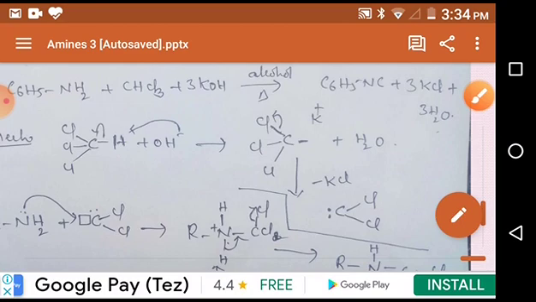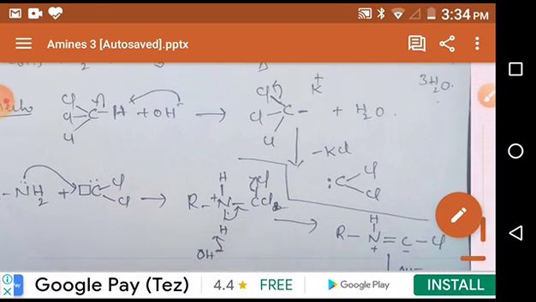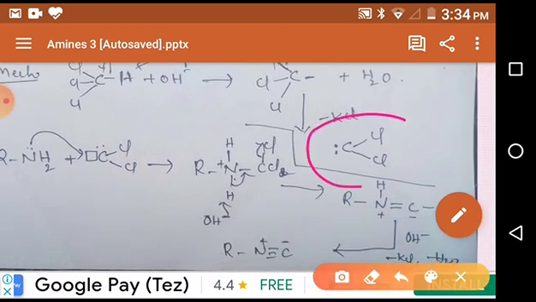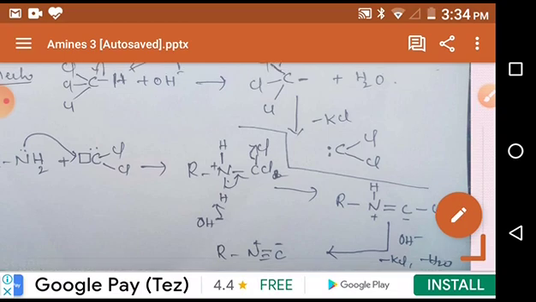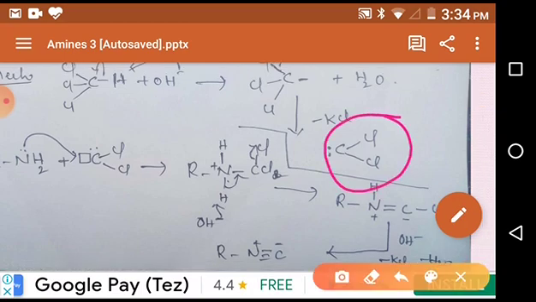See the central carbon atom in dichlorocarbene. Carbon has two bonds, which is 4 electrons, and one non-bonded pair. So it has 6 electrons. That means out of 8 electrons, we have only 6 around the carbon atom. That's why it is electron deficient, and that's why it acts as an electrophilic reagent.